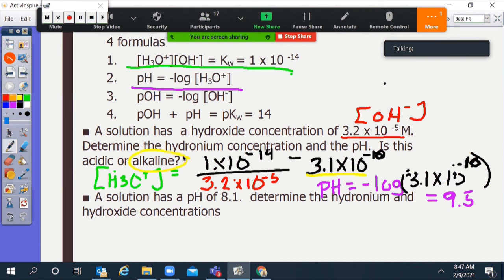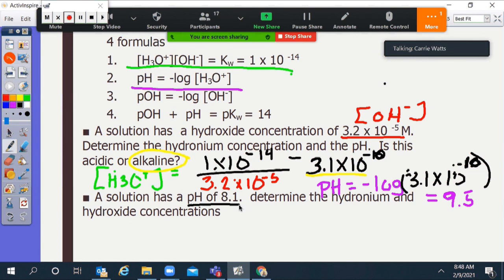Okay, well, first of all, I've already determined it's alkaline by looking at the concentration of H3O plus. But I saw for my pH also it's 9.5, which is also greater than 7 on the pH scale, basically saying it's alkaline. Okay, my last problem gives me a pH of 8.1.